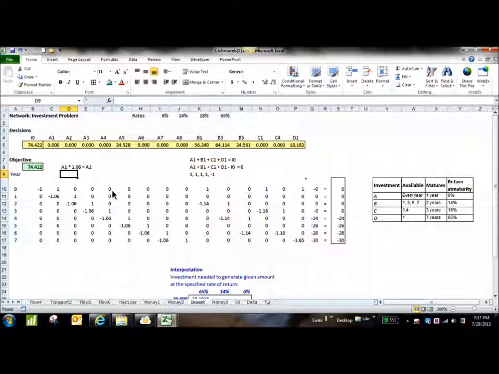In another way, you could write this down as A2 minus A1 times 1.06 equal to 0. This is exactly this. Same thing.